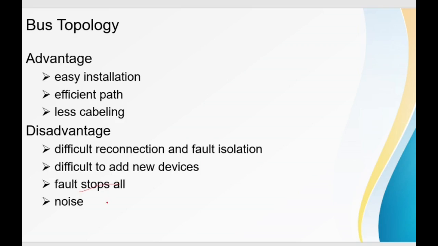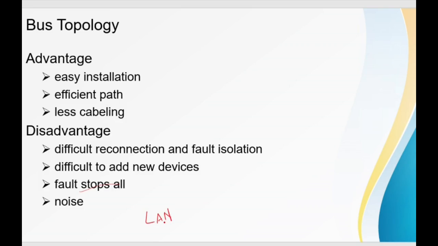Also the damaged area reflects back in the direction of origin, which creates noise in both directions. So these are the main disadvantages of the bus topology. The bus topology is the first topology that was used in LANs earlier. That is, Ethernet LAN also used bus topology.